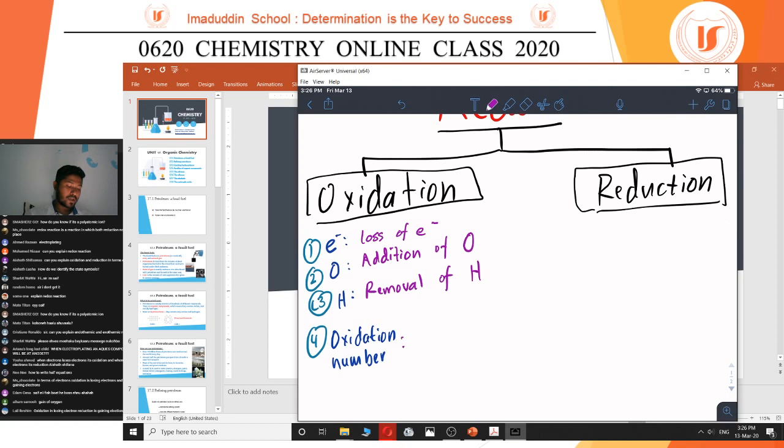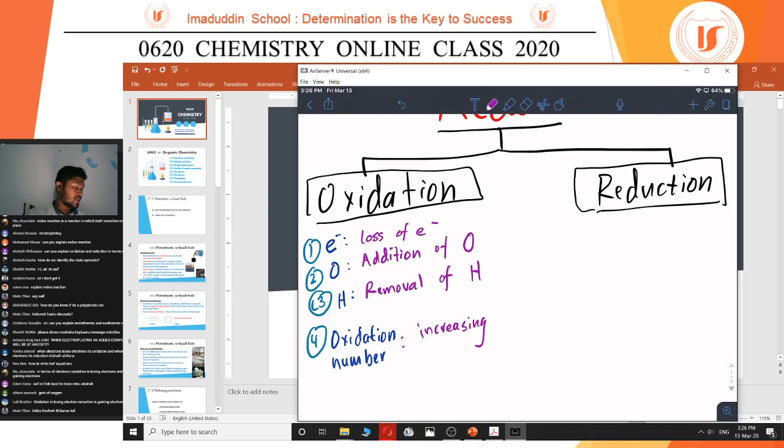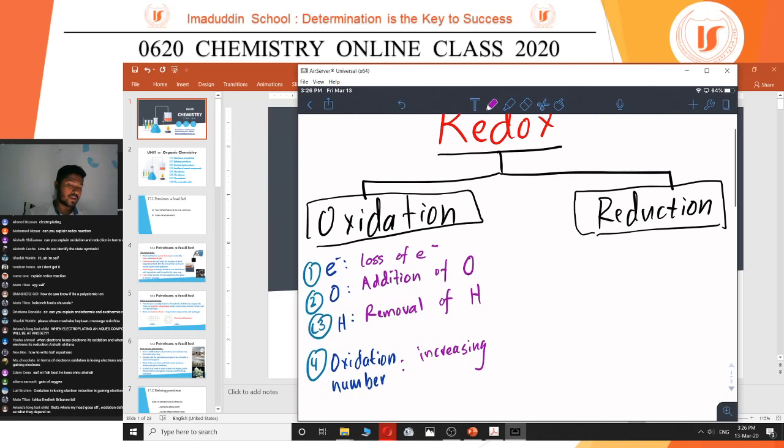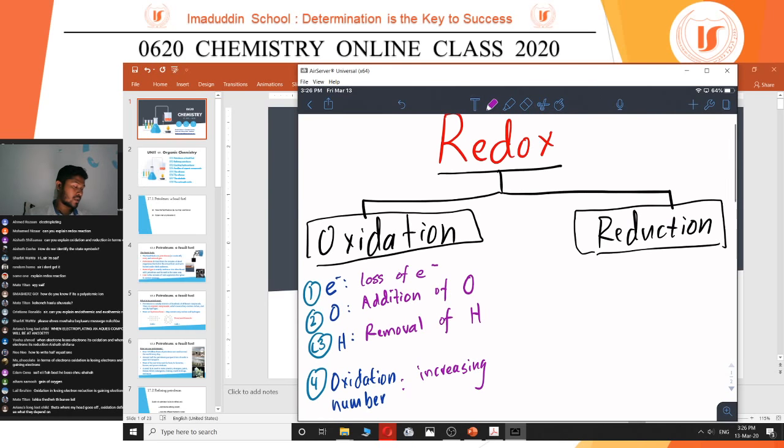And for the oxidation number, if it is increasing, then we say it is oxidation. The exact opposite will be the reduction. And a reaction in which both oxidation and reduction occur simultaneously is called a redox reaction.